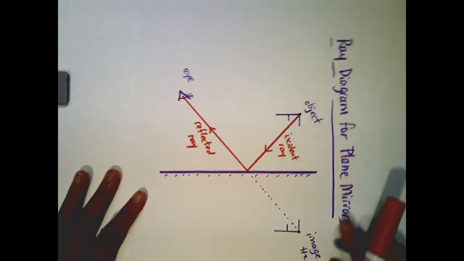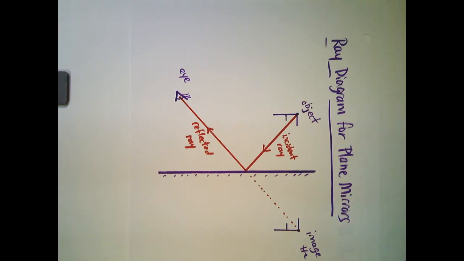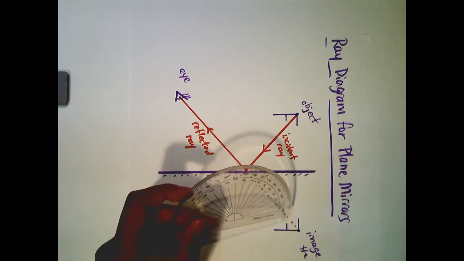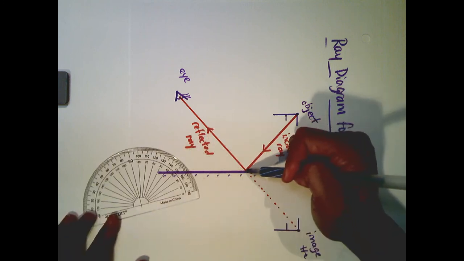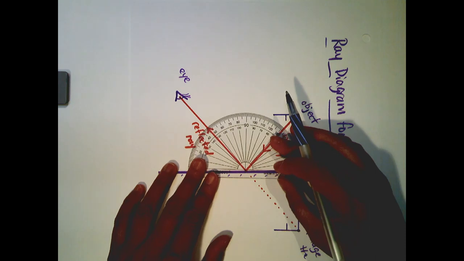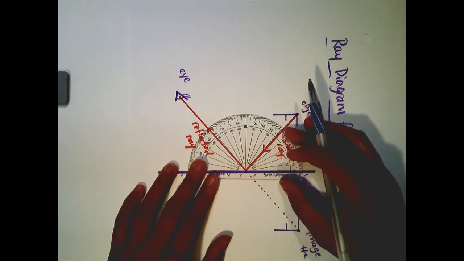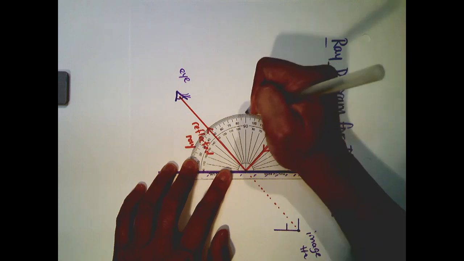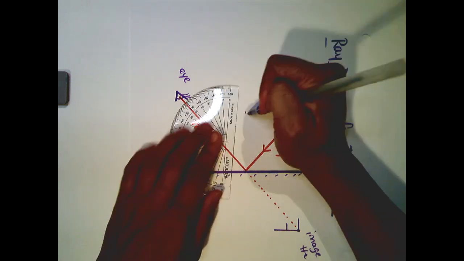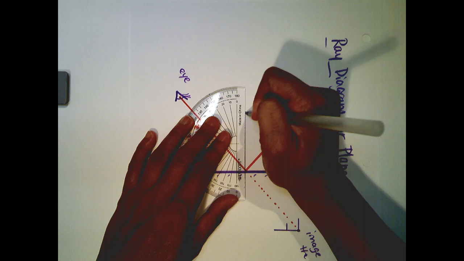But let's double check. I'm going to rotate my diagram this way and draw my normal. Remember, here is the intersection, so I'm going to line that up. I've lined that up perfectly, like so, and here is my normal.